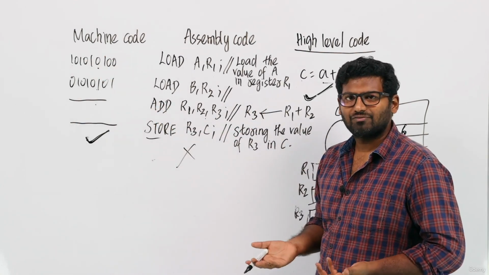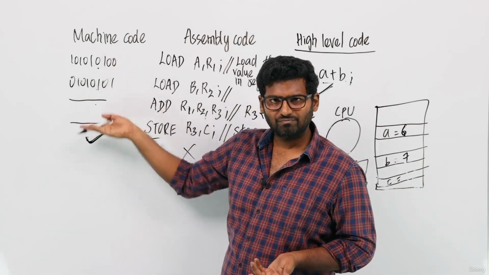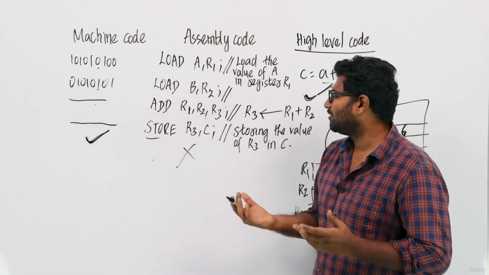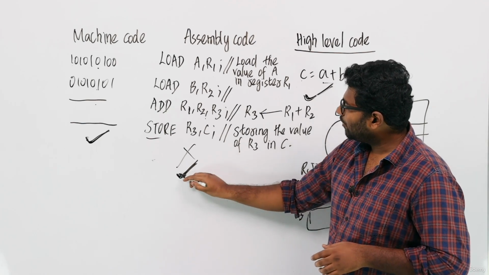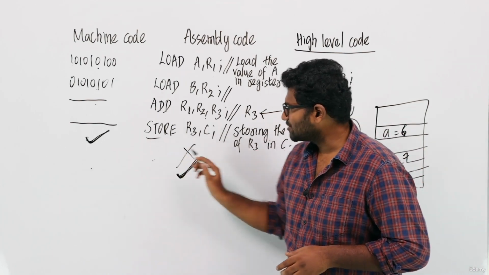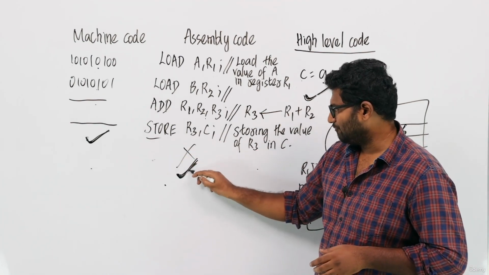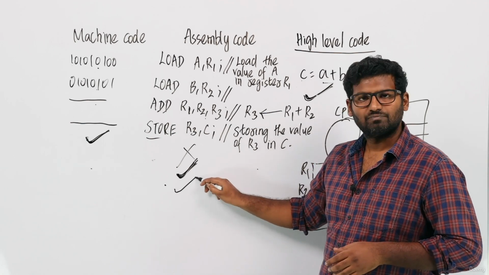But the problem here is we are not comfortable in understanding ones and zeros. It is very, very difficult, right? So that's the reason we have the concept of assembly code. Assembly code is human readable. This is not human readable, this is human readable. And also it is going to have instructions, right?